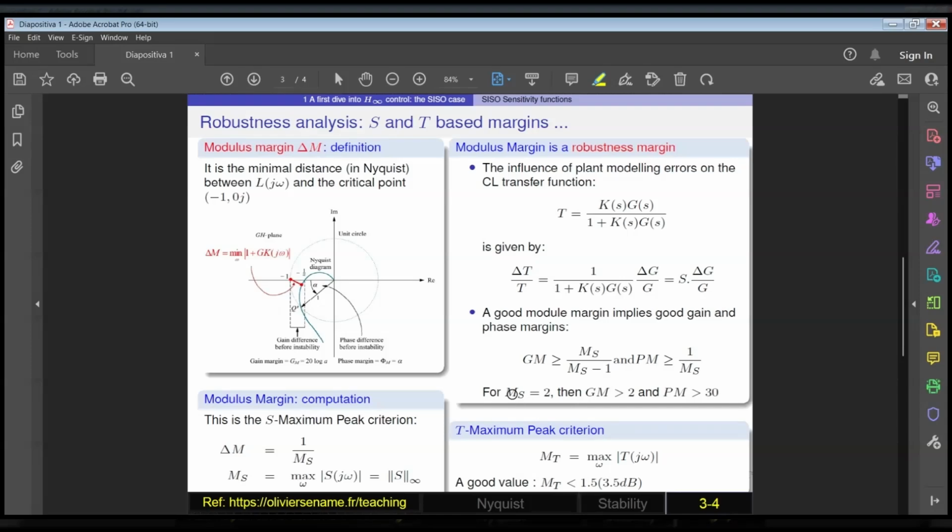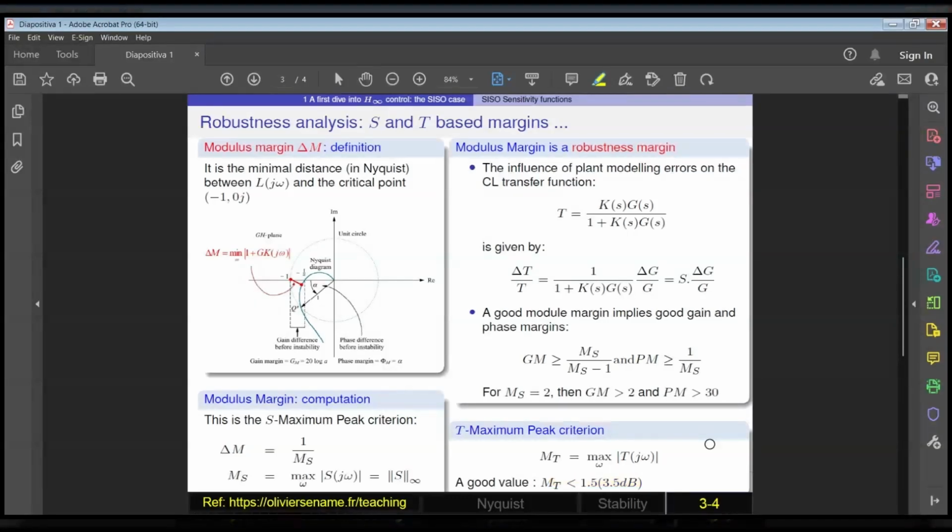If the maximum sensitivity remains below 2, we generally obtain acceptable gain and phase margins. Similarly, for the complementary sensitivity function, we usually require its maximum peak to remain below about 1.5, which corresponds to approximately 3.5 dB.